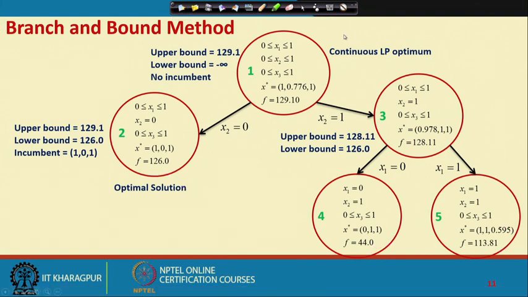So, this is how you can solve a binary integer programming problem using the branch and bound method. The branch and bound method is a very interesting and very robust method.